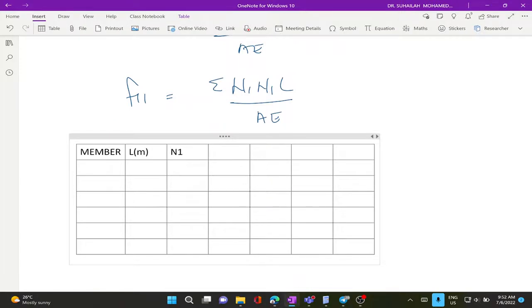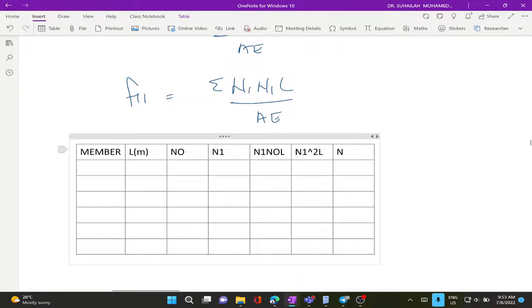We should also have columns for N0·N1·L and N1 squared times L. N is the member forces in the actual truss. This is the table to analyze the truss.